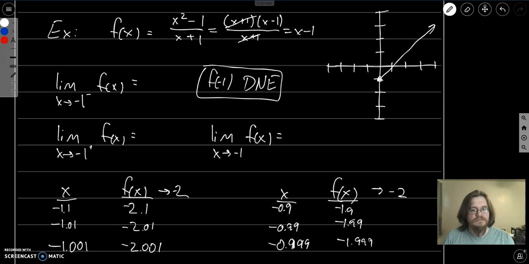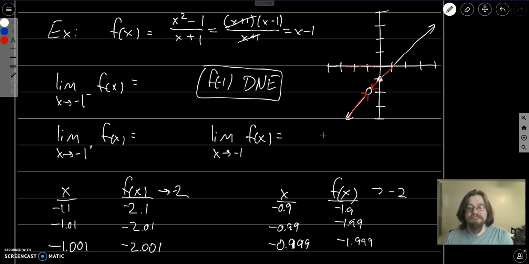I have this open circle here, and as I approach negative 1 from the left or the right, as x gets closer and closer to negative 1, along my function I go, and I'm getting closer and closer to negative 2. If I approach negative 1, oh, this is from the left, the other was from the right, excuse me, I will approach negative 2 again. But my function doesn't exist there, as in I can't plug in negative 1 into my function.